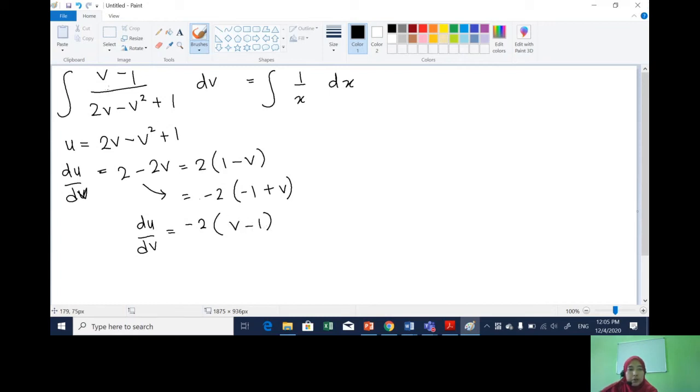Because there is a v minus 1 in the numerator on the left hand side, we can write negative half du is equal to v minus 1 dv.